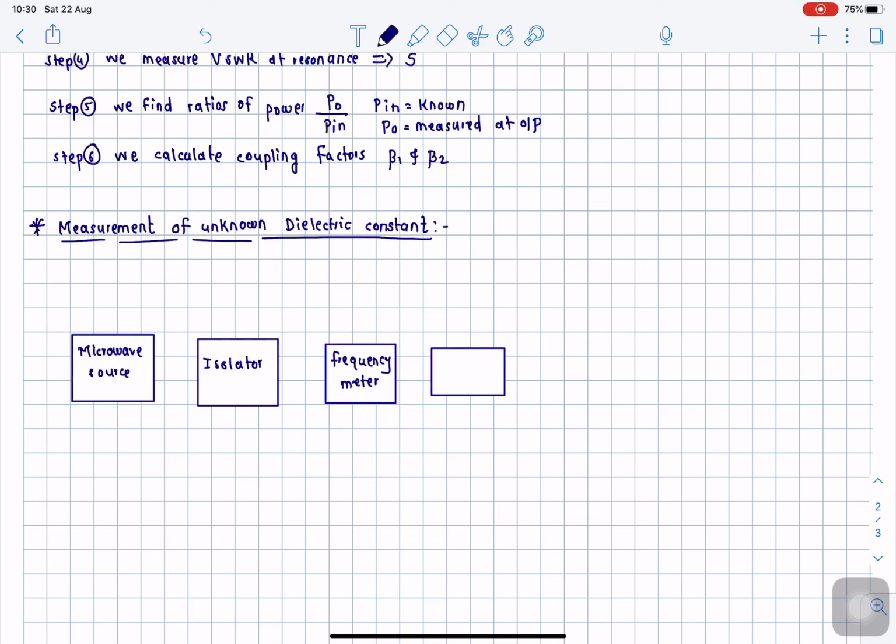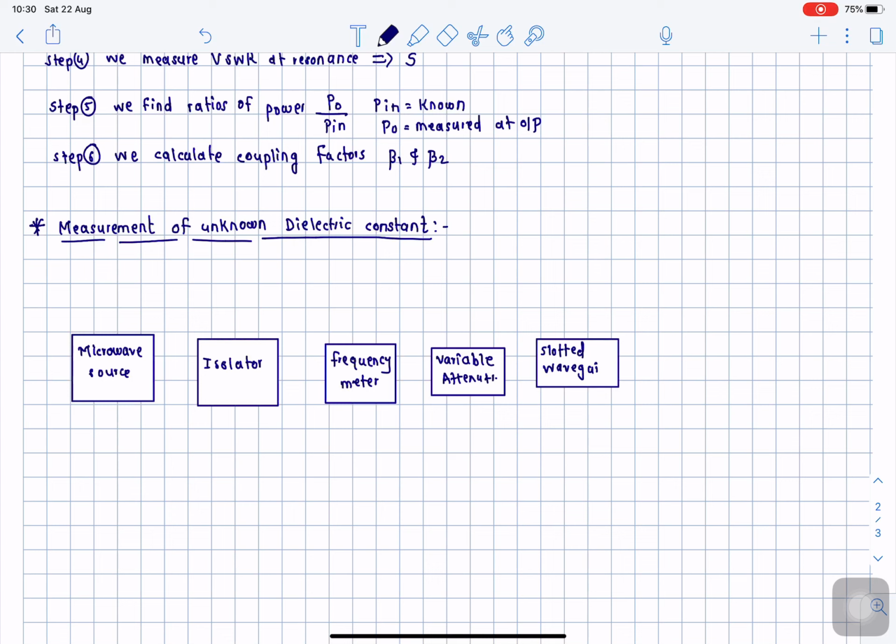So this is a variable attenuator. After the variable attenuator, again we are going to make use of a slotted waveguide section. Please remember, the slotted waveguide section is very important as far as the measurement of different microwave parameters is concerned, by making use of this test bench device, slotted waveguide.